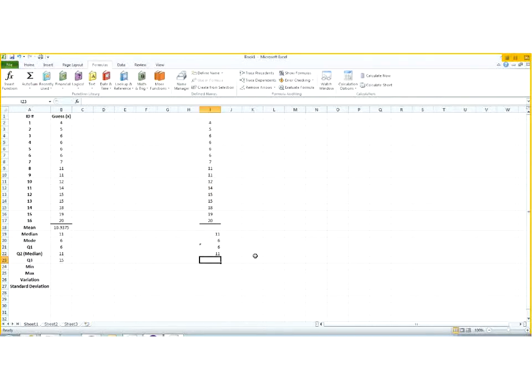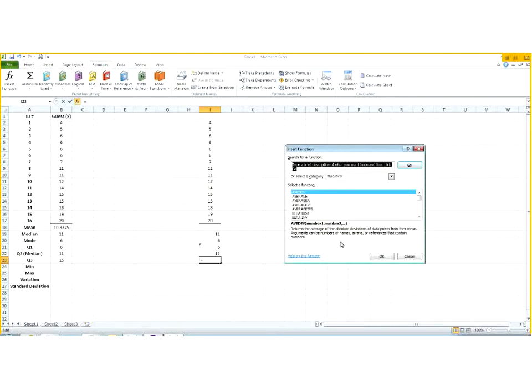Again, I can go back and use my button to calculate that out as well. So I'm going to click on my Insert Function button. I check that the category is statistical. I'm going down to find the median. There's median right there, so I'm going to click on median.